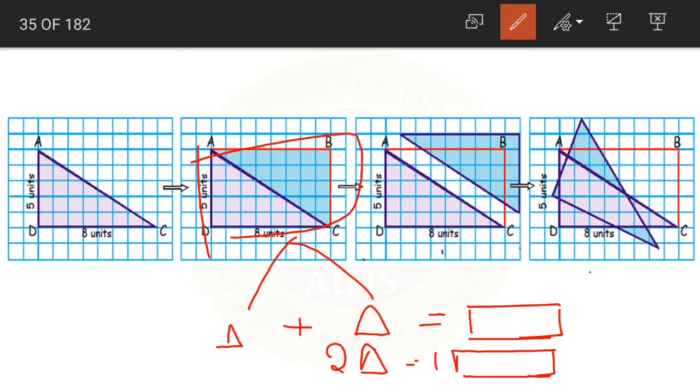Two triangles is equal to one rectangle. Now what about one triangle? Then one triangle will be equal to half of the rectangle. From one rectangle, we were able to take out two triangles.